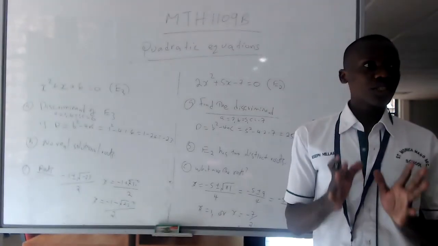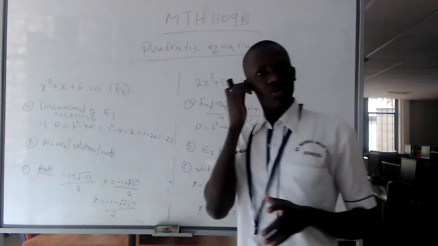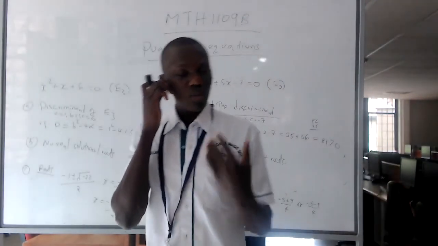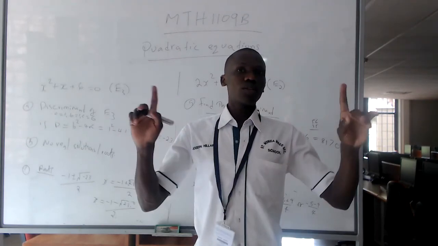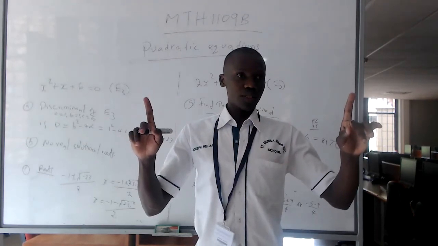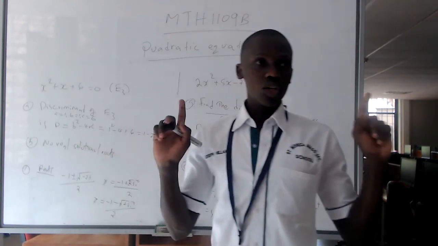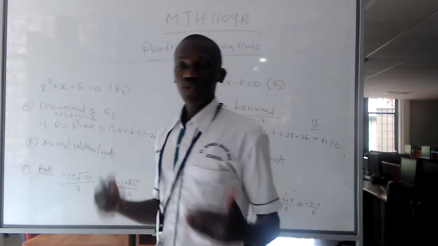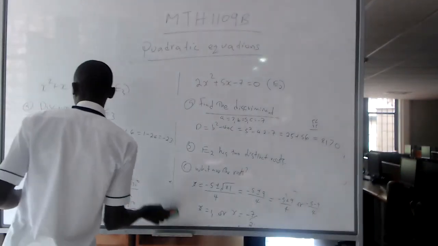Depending on the sign of this number, you can tell how many real solutions an equation will have. If it is 0, you have only one real solution, which is repeated twice. If it is positive, you will have 2 distinct roots. And if it is negative, you will have complex roots, which are not real solutions.